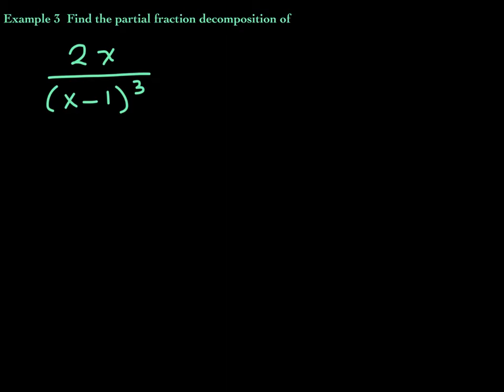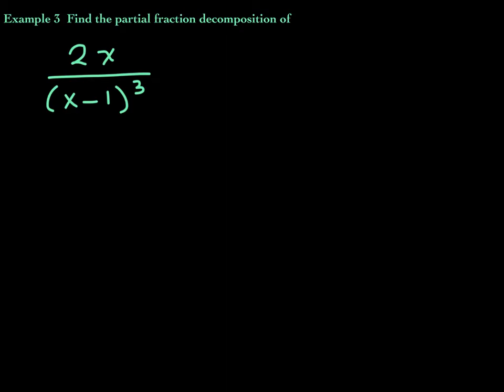Thirdly, notice that we are going to have a repeated linear factor. X minus 1 is linear, and then when you raise it to the third power, yes, it is cubic, which just means that you have a linear factor that's being repeated 3 times.